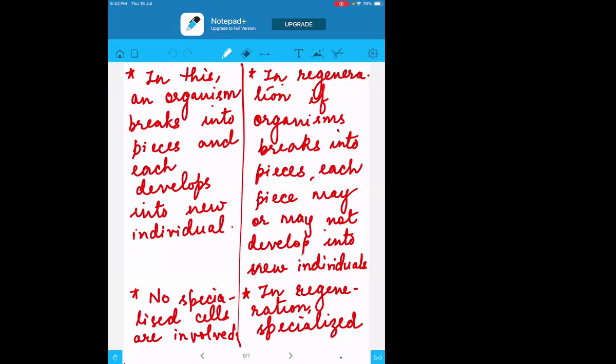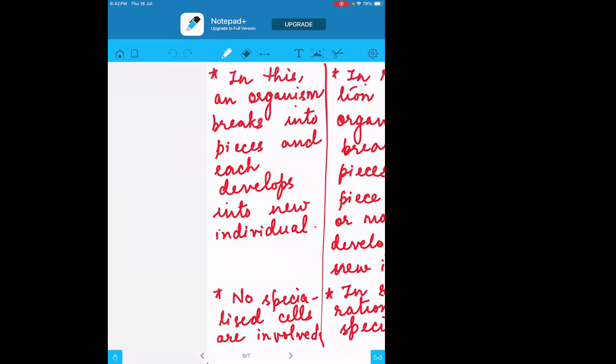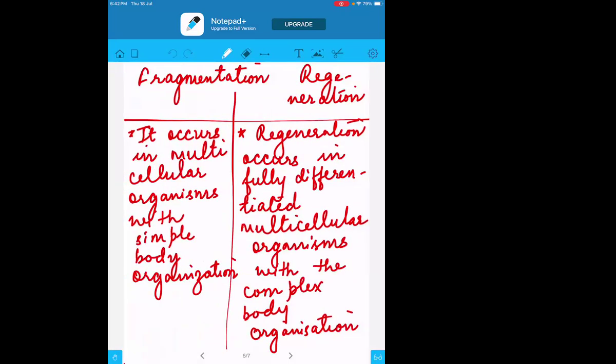Ma'am, once show the previous page, please. Okay, ma'am, completed.